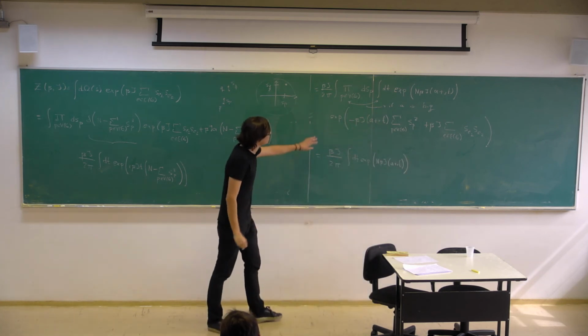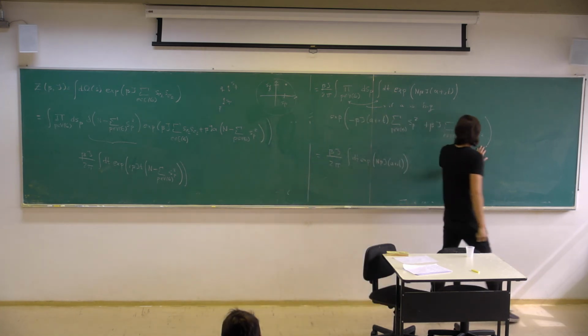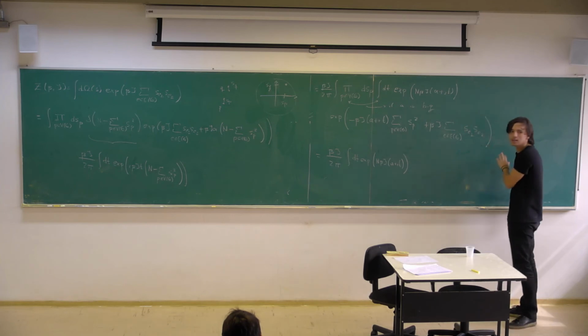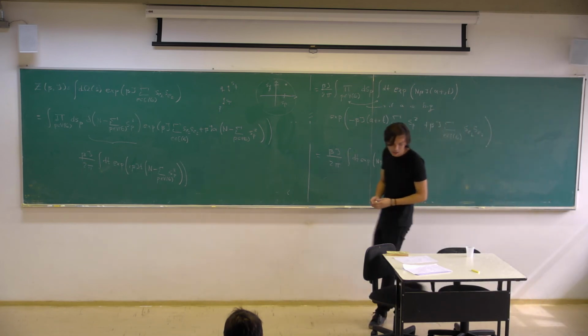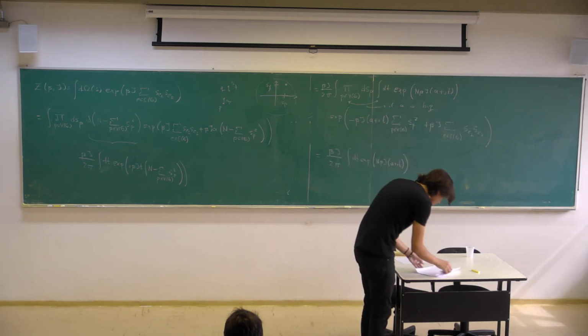And then we need to integrate this. But we already know what the answer to that is. That's the partition function of the spherical model, and that was done in lecture 2, so I'm not going to do it again.